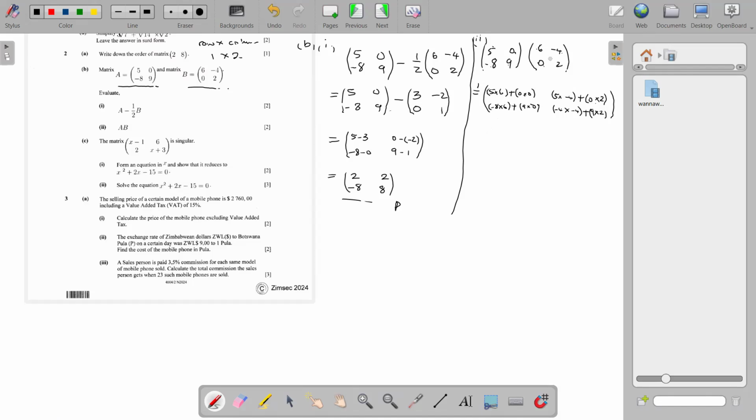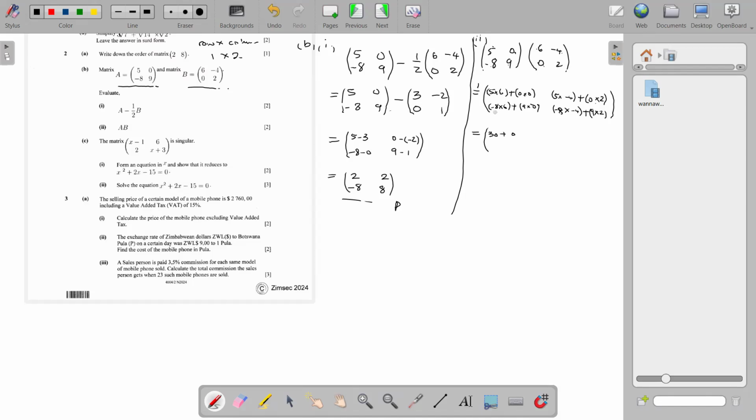Then this multiplied by this, so it's minus 8, not minus 4. Then when we simplify your answers, it's going to be 30 plus 0.